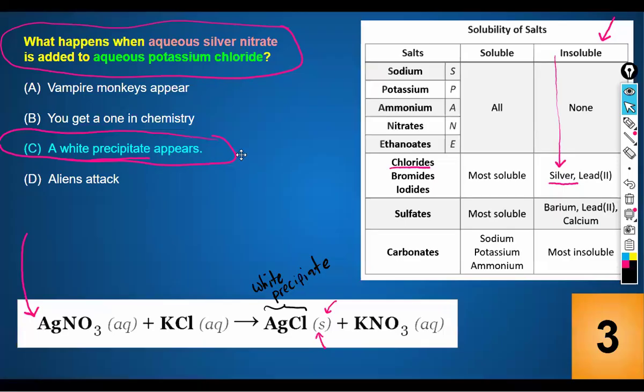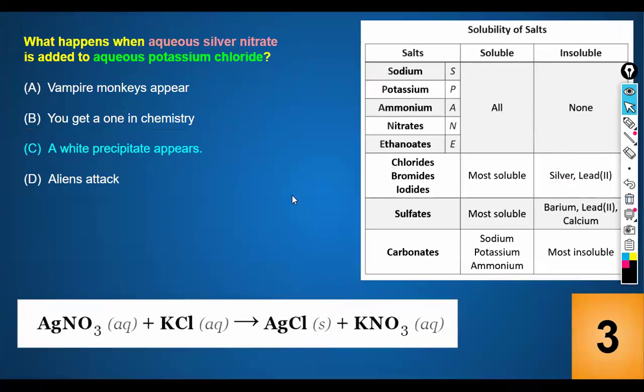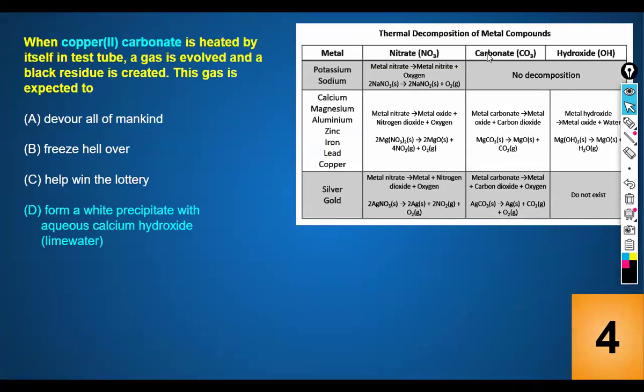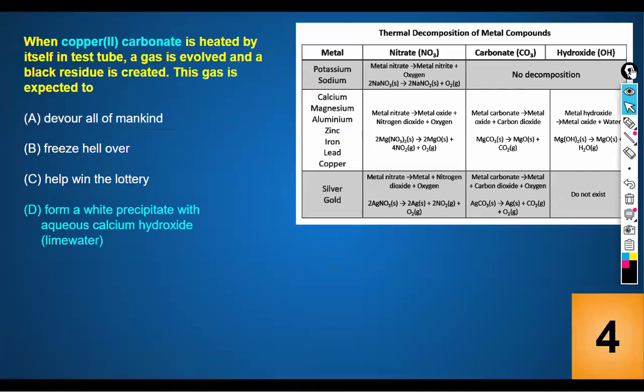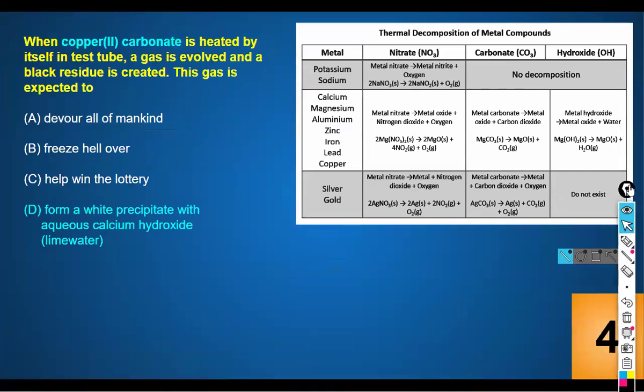All right, so let's move on to number 4 and see what we have. I'm not going to make you draw the table. How many people have seen this table in school? I believe most teachers stop giving students this table to learn off because they have so much to learn already. But I would explain what the table is about. You all heard me mention something called thermal decomposition.